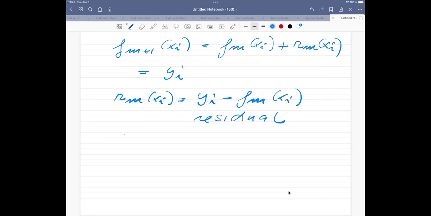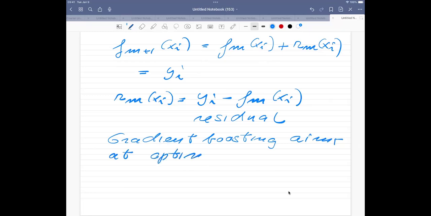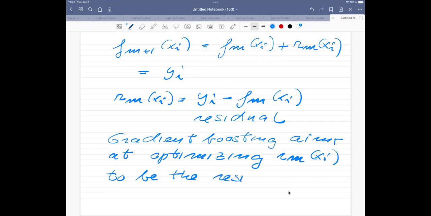So the gradient boosting aims at fitting or optimizing this error which we make, r m of x of i, to be the residual of this. So the residual is just y of i minus f m of x of i.